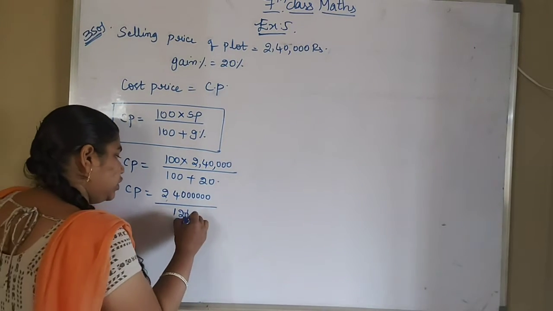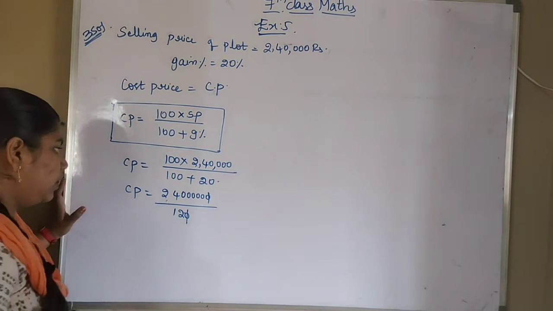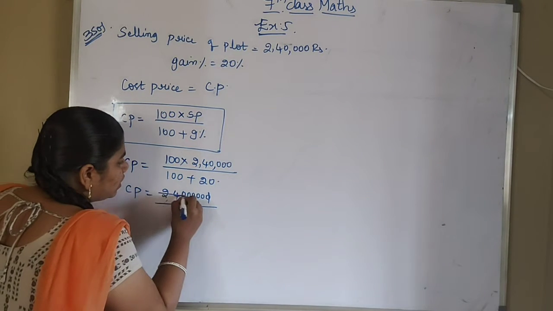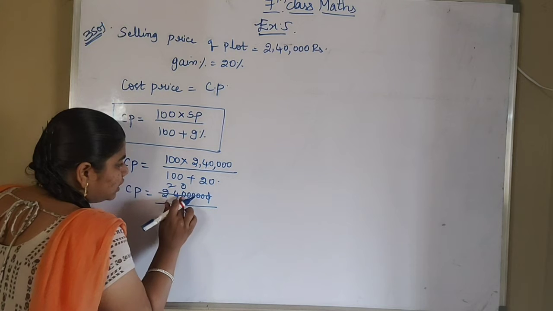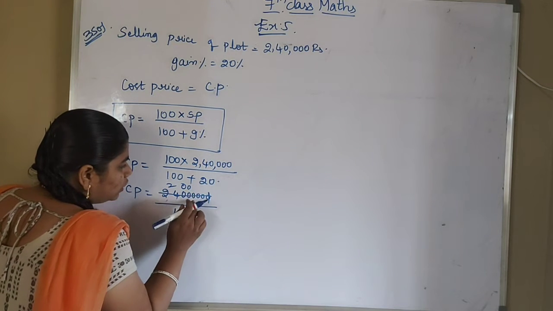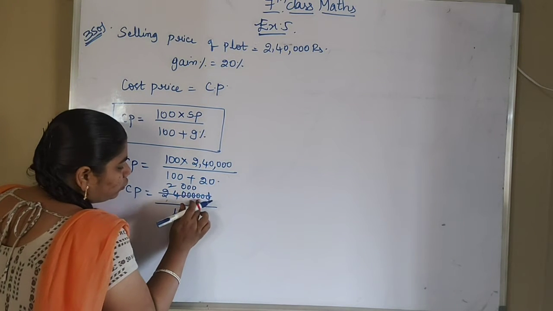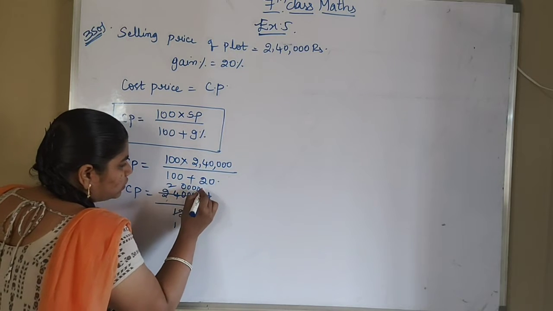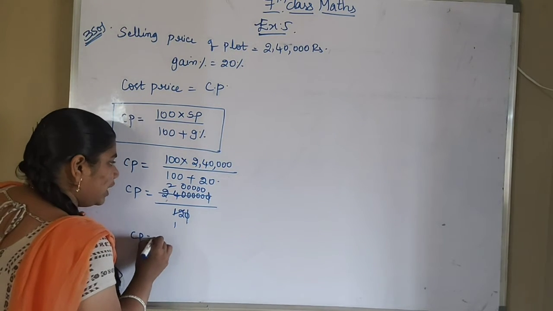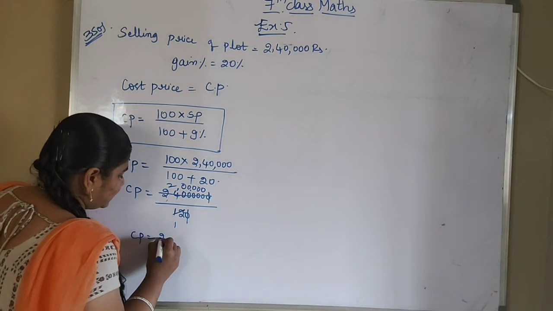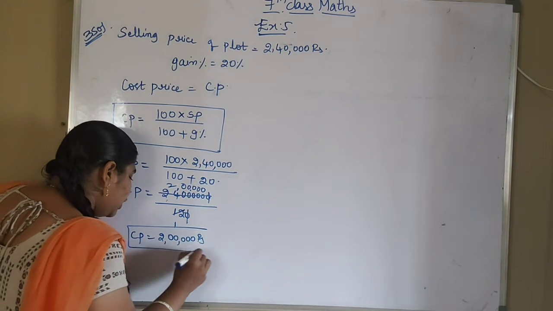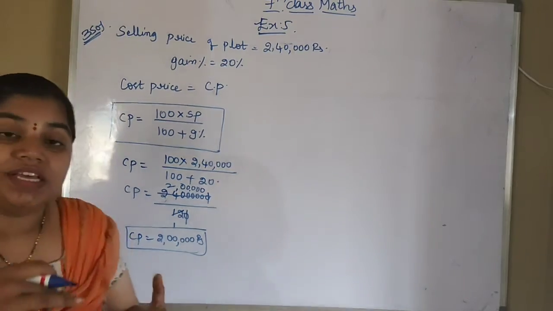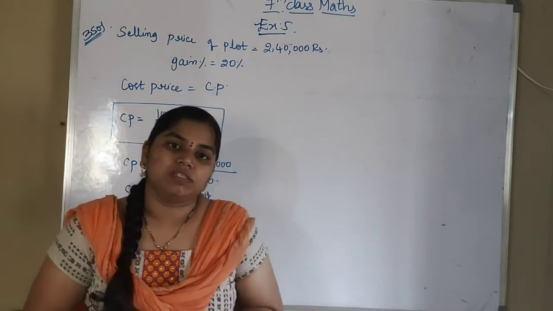Okay, so 0 will get cancelled. Now 12 ones are 12, 12 twos are 24, and the rest are zeros. So the CP value is 2 lakh rupees.